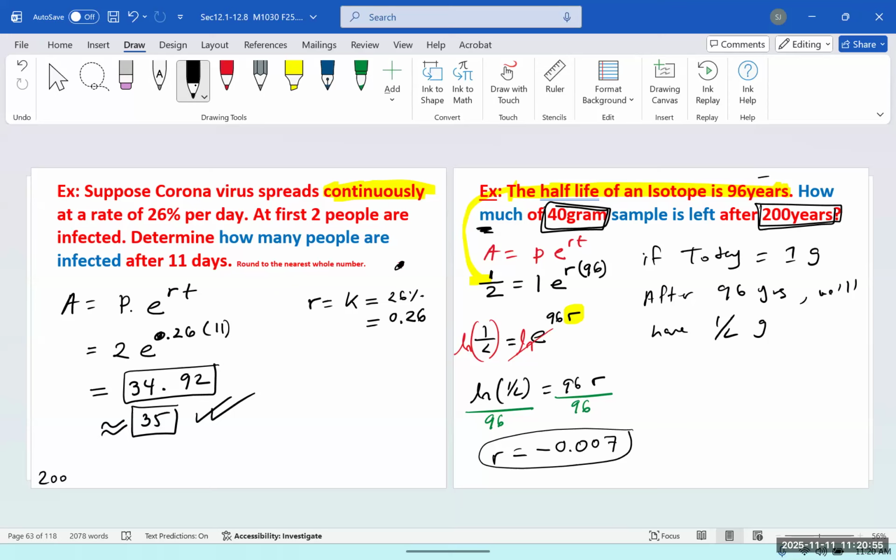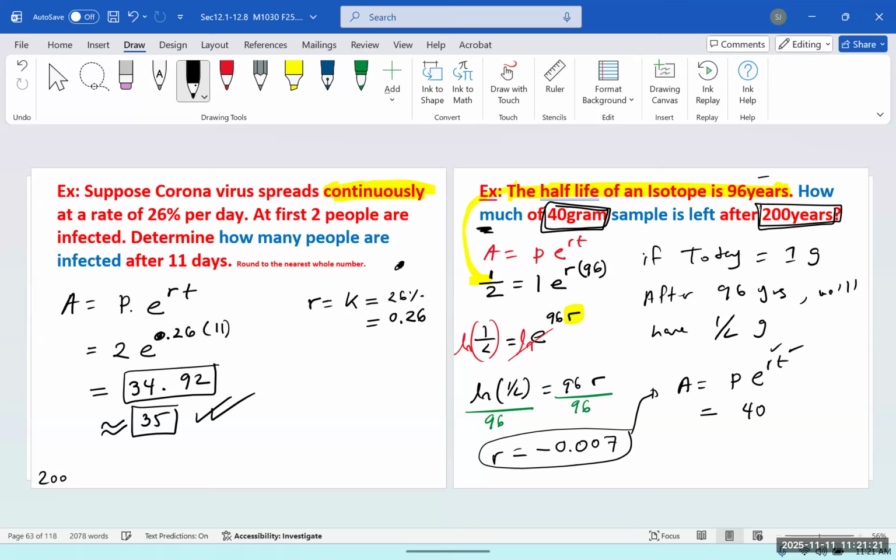Now we are going to use the same formula again, A equals P e to the RT, but this time we know our R and we know our T. So we are looking for the final amount. How much will be left if today we have 40 grams?